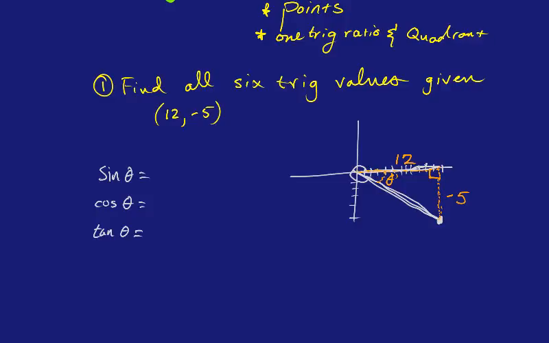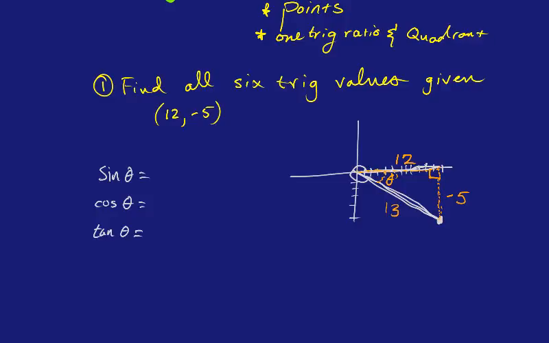We always use this reference angle, and if you put that there, now all you need is the hypotenuse, and you can figure out the sine, cosine, and tangent. Hopefully you know that's a Pythagorean triple. The hypotenuse is 13, and now you can go from there.